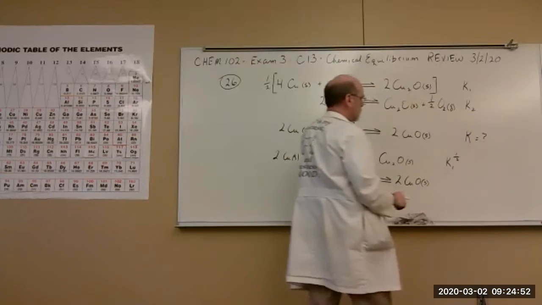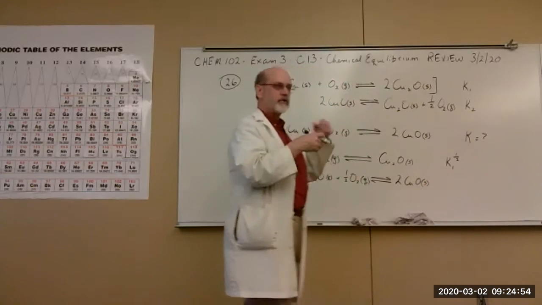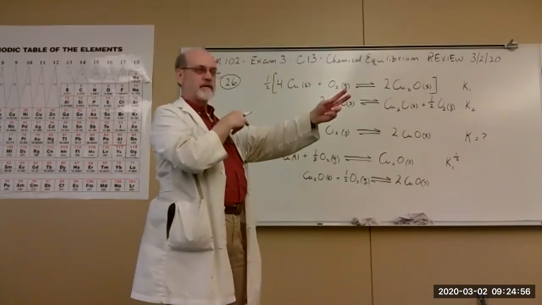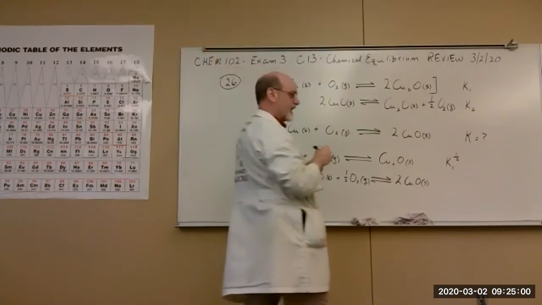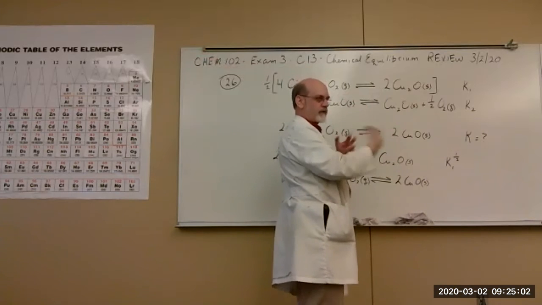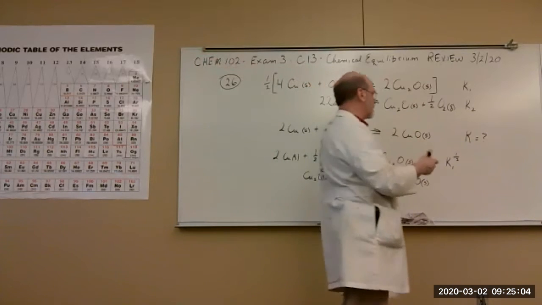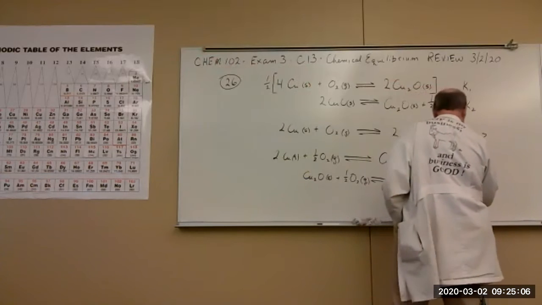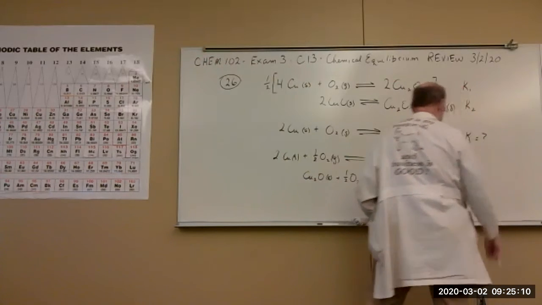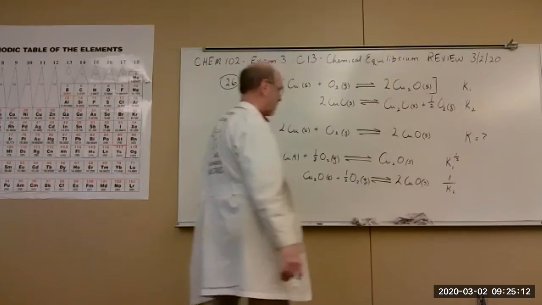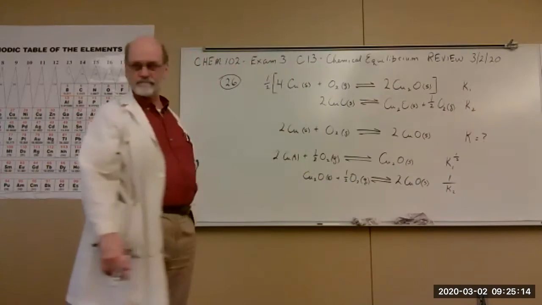Now what does that do to the K? When you invert a reaction, you invert the K, right? Because now your products are reactants and your reactants are products. So you just take the inverse. So this one is going to be in terms of 1 over K2. All right?